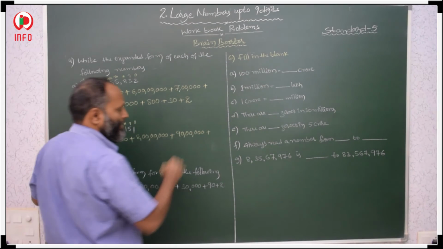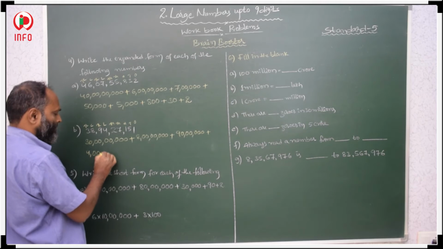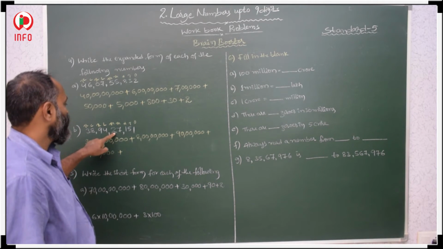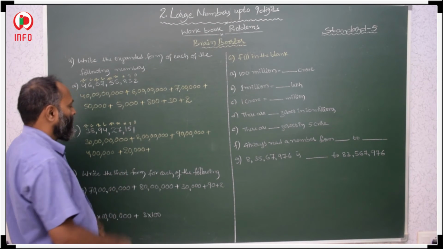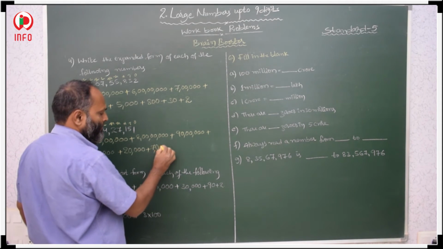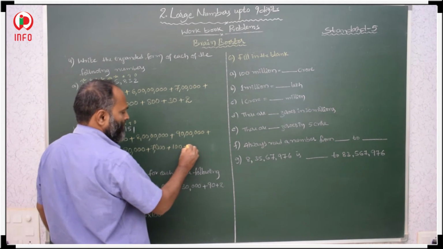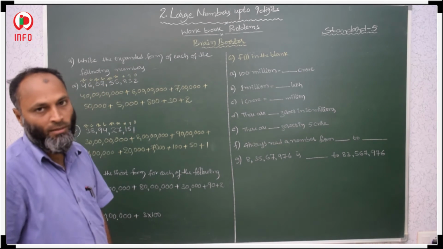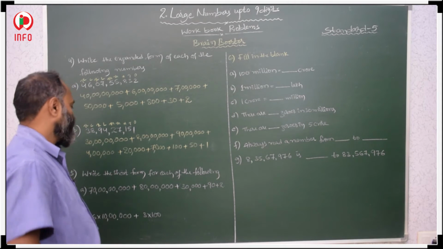Then plus 4 is in lakhs place, that is 4 lakhs. Then plus 2 is in 10,000 place, that is 20,000. Then 7 is in thousands place, that is 7,000. 1 is in hundreds place, 100. 5 is in tens place, 50. 1 is in ones place, 1. In this way we have to expand.